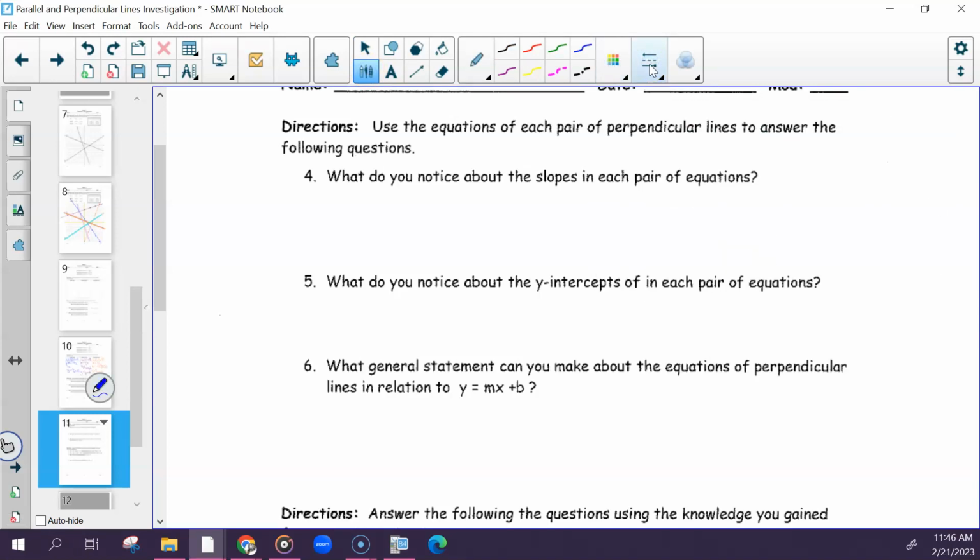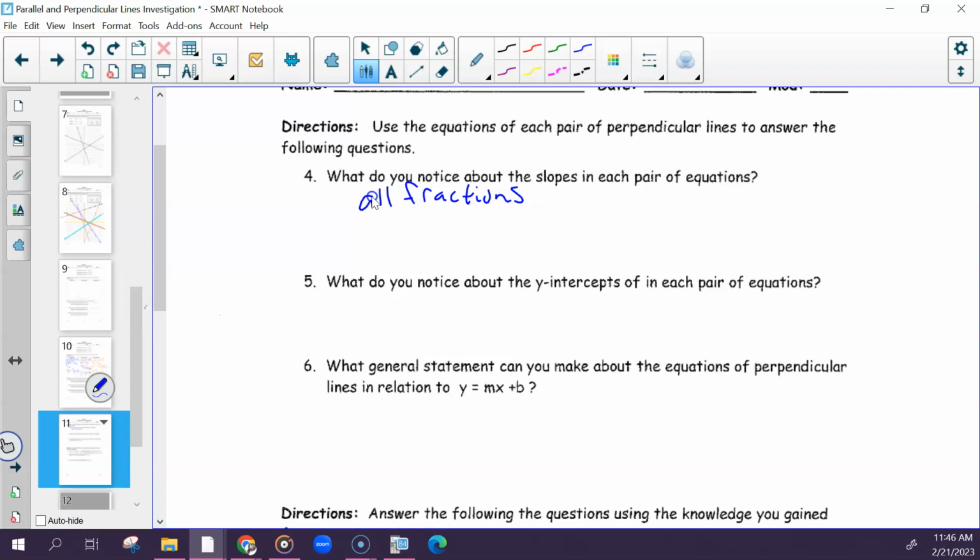Now, when we are talking about perpendicular lines, or the ones we just found, what did we notice about the slopes? Okay, that's not always the case, but I'll put that. Hannah, the flip. Victoria, were you going to say the same thing?